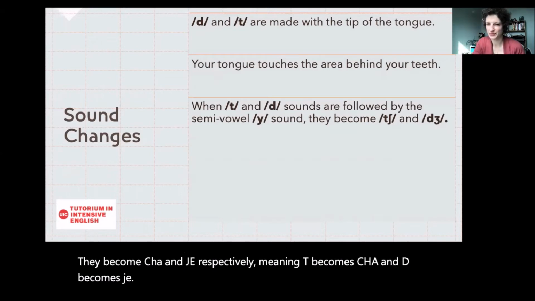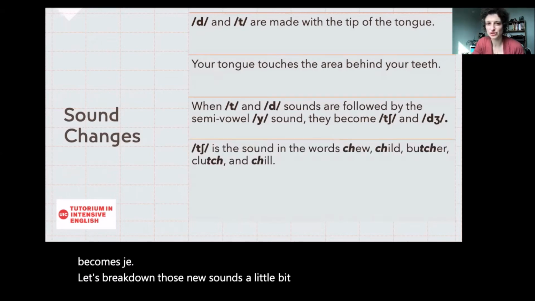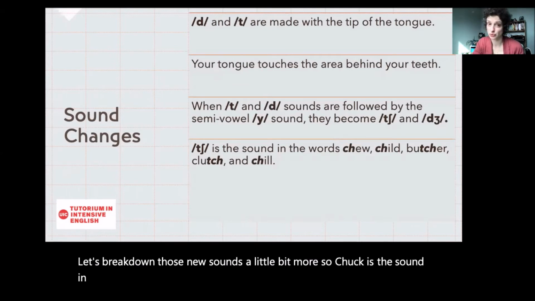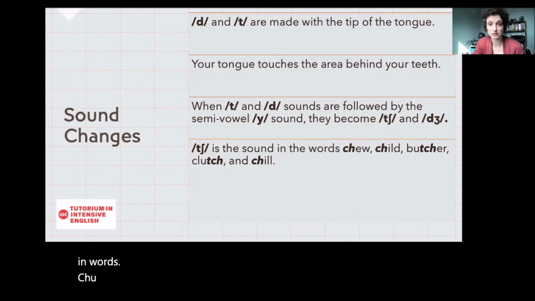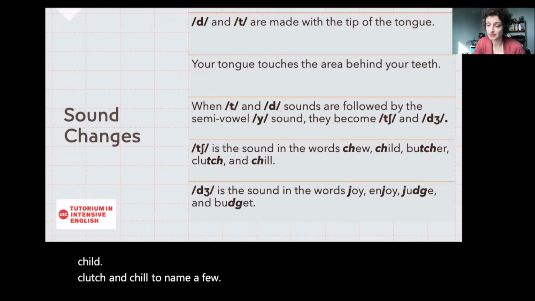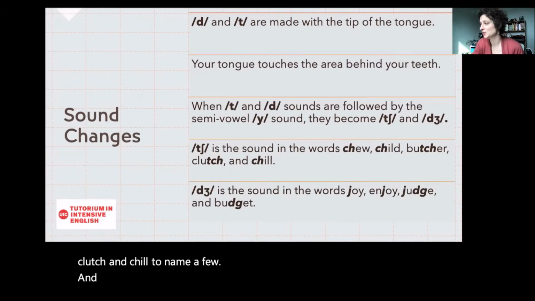Let's break down those new sounds a little bit more. Ch is the sound in words like chew, child, butcher, clutch, and chill, to name a few. And j is the sound in the words joy, enjoy, judge.